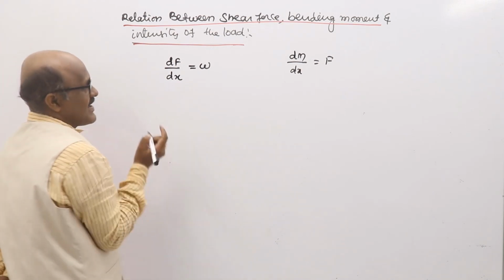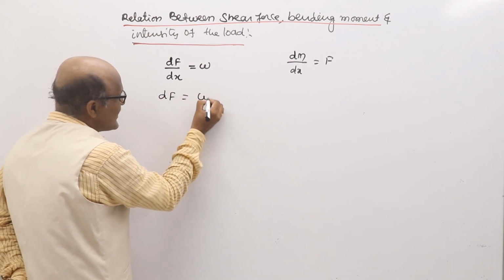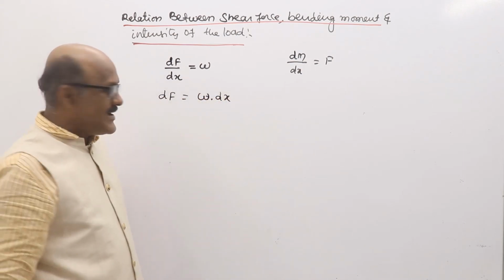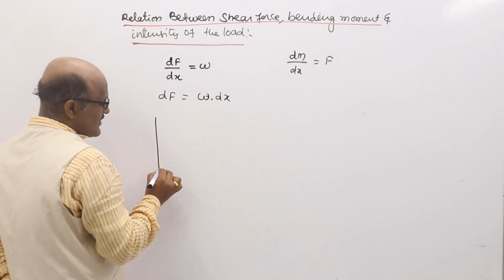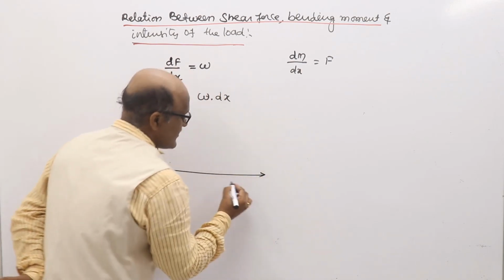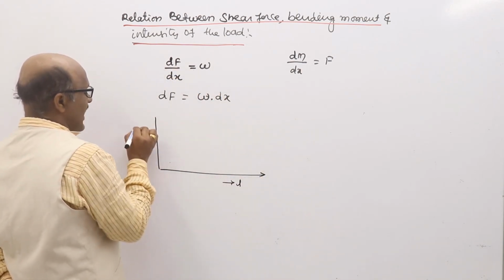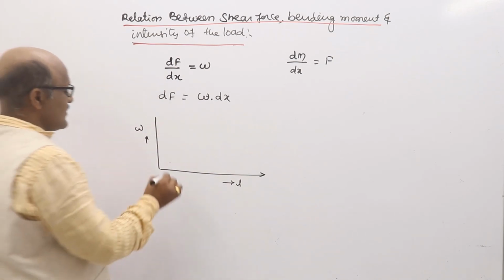Now coming to this equation, what is dF? dF is equal to w into dx. See my dear students, it is a load diagram. On this axis length of the beam, on this axis intensity of the load.